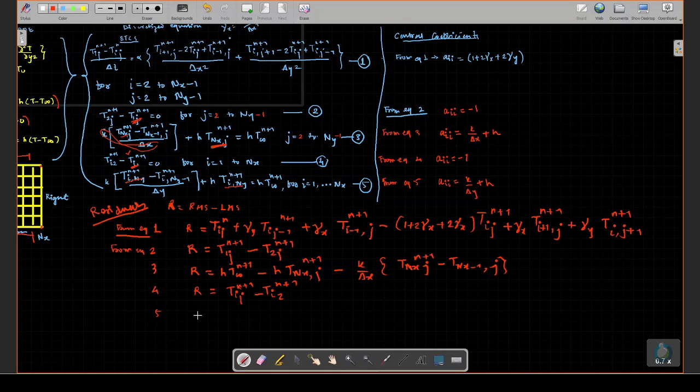From equation 5, residual R is equal to H T infinity n plus 1 minus H T I ny n plus 1 minus K delta y times T I ny n plus 1 minus T I ny minus 1 n plus 1.